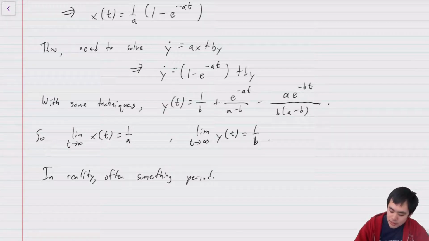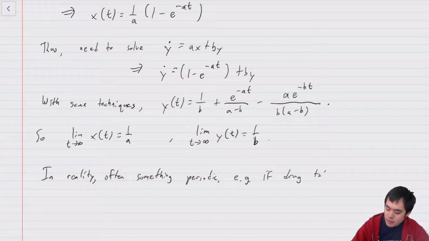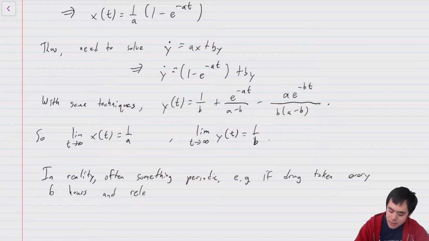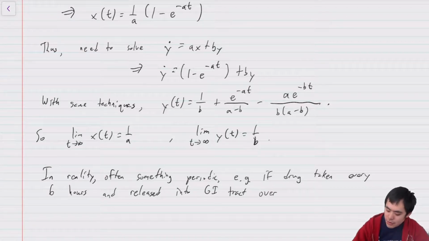Periodic, for example, if the drug is taken every 6 hours and released at a constant rate into the GI tract over half an hour.